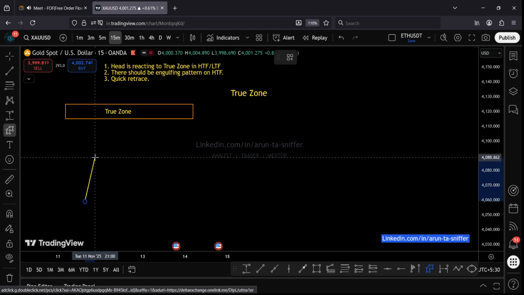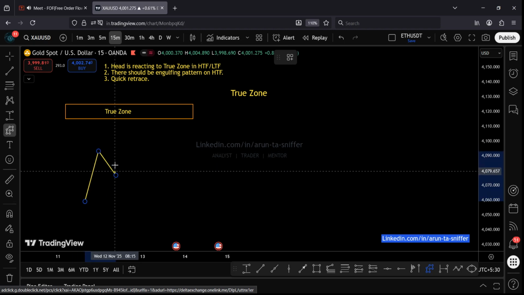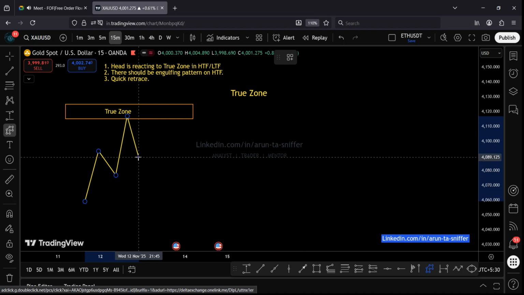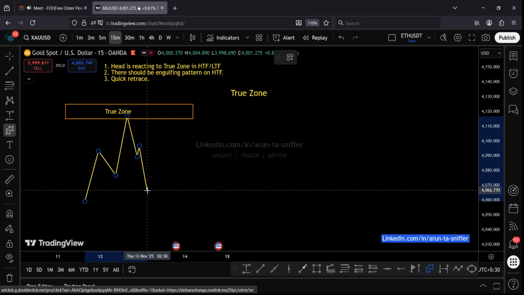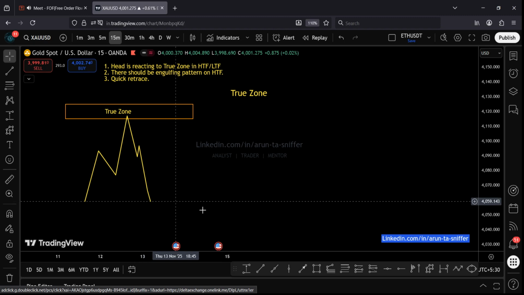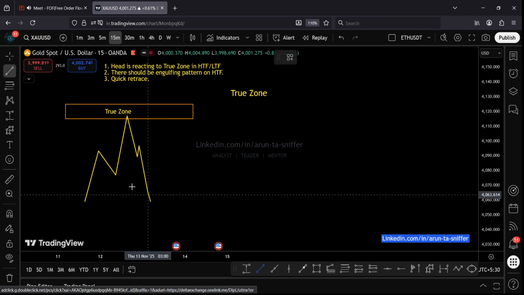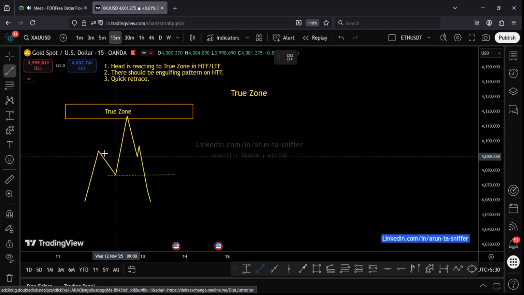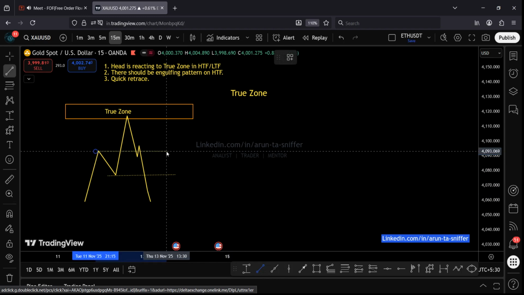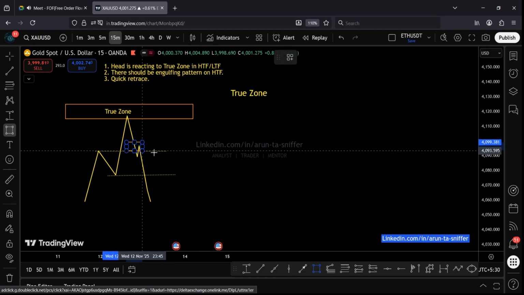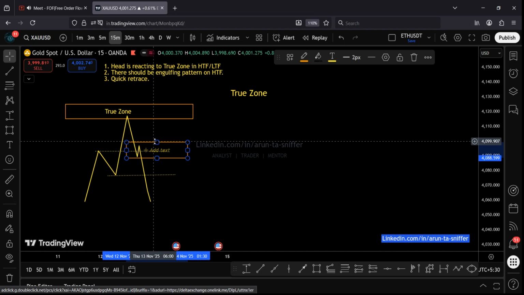Price goes up, makes a high, makes a low, makes a higher high, reacts to this true zone, came down and makes a QML here, then crosses this lower low. Okay. So what will happen here? This is our QM level, right?